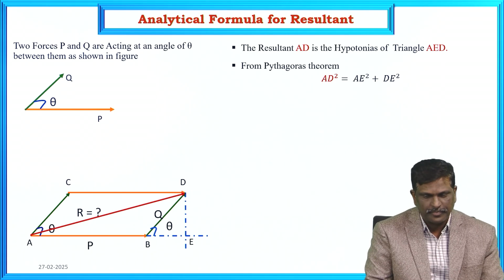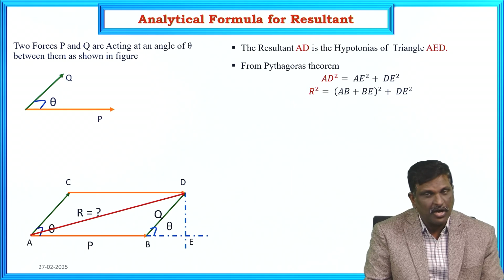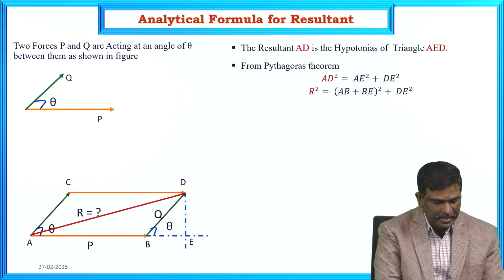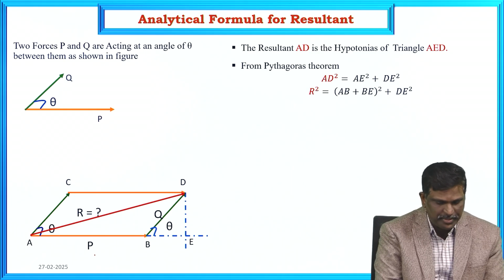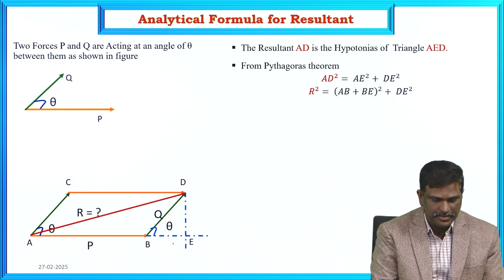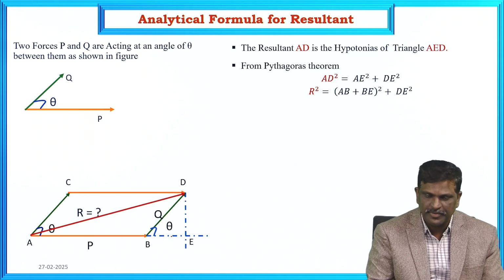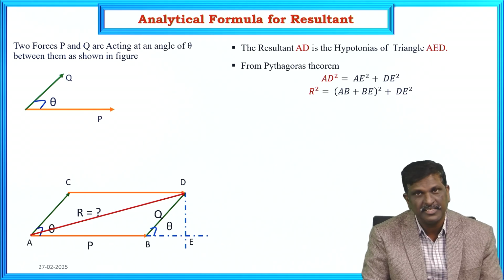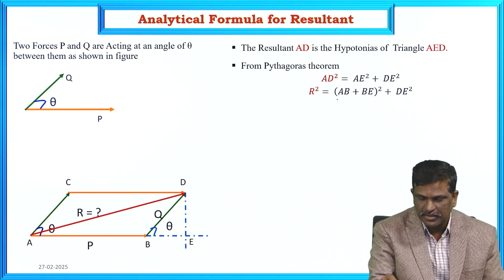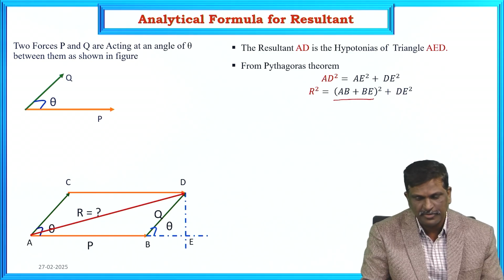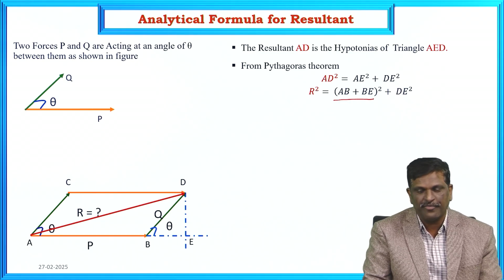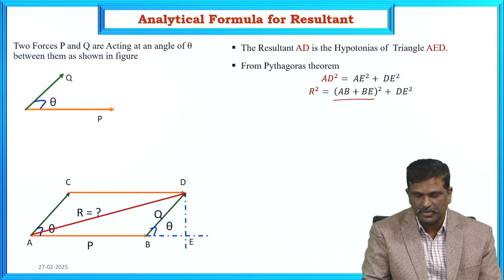Now, AD square is nothing but R square, the resultant square, and AE is written as P plus BE. So R square is equal to P plus BE whole square plus DE square. This AB plus BE whole square is in the form of A plus B whole square. Now, expand this.